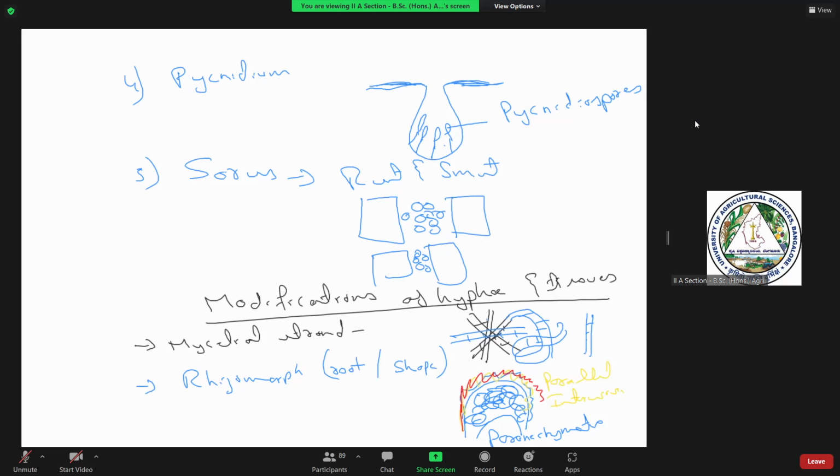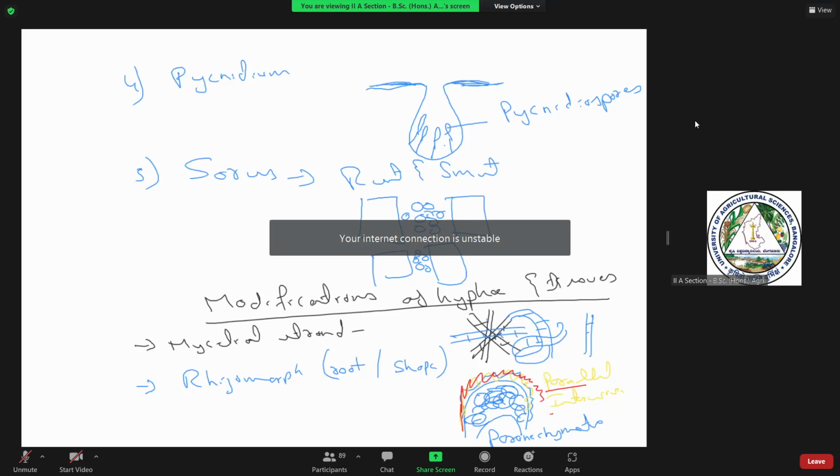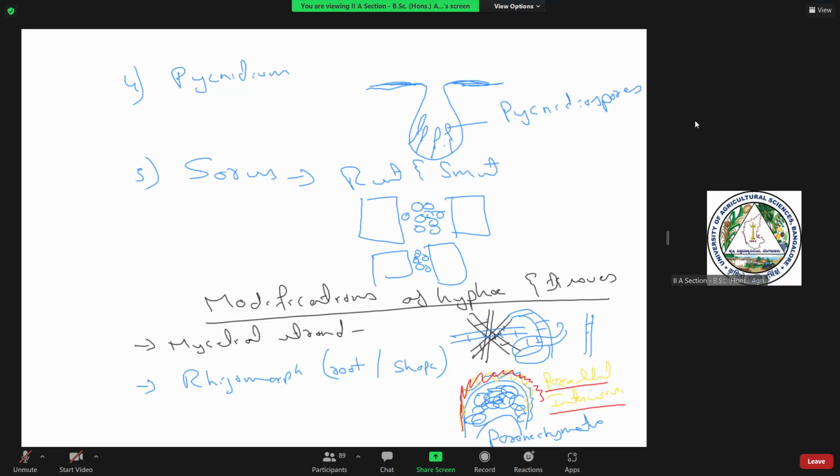That is why it is called a resting structure. So a rope-like structure made up of a parallel or interwoven parenchymatous mass of hyphae with a hard cortex is called a rhizomorph. Rhizomorph is nothing but a modification of your fungal tissue.